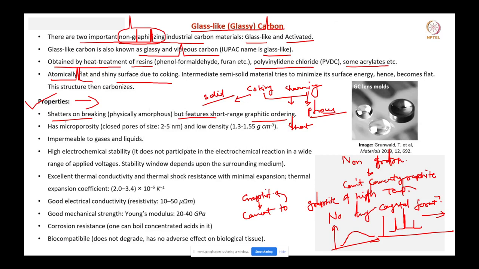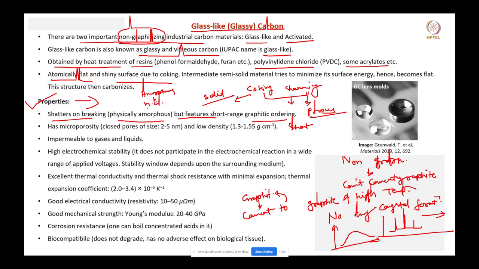Shatters on breaking, physically amorphous. So this is an amorphous material. Again, the term which I would like to correlate is two terms. Why is it amorphous? Because it is a non-graphitizing material.